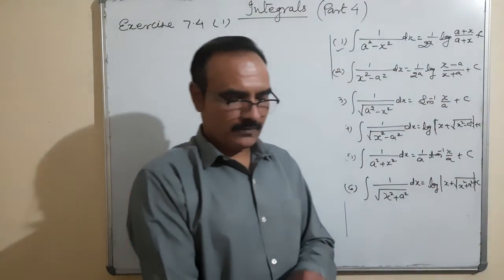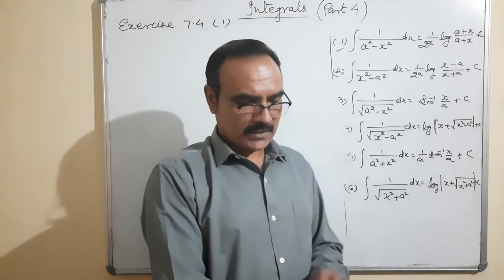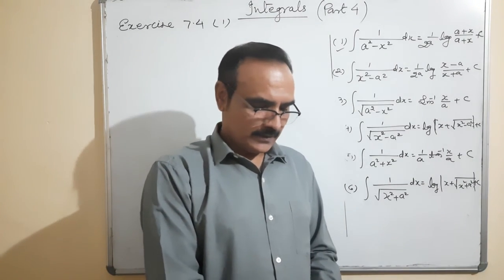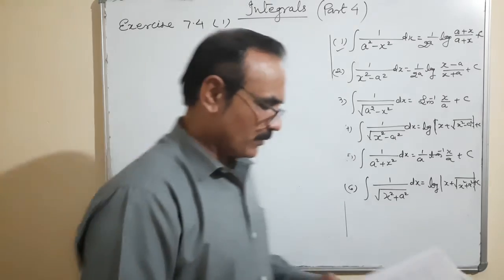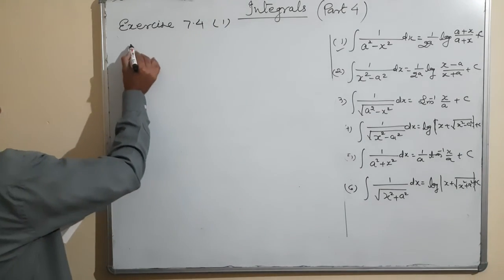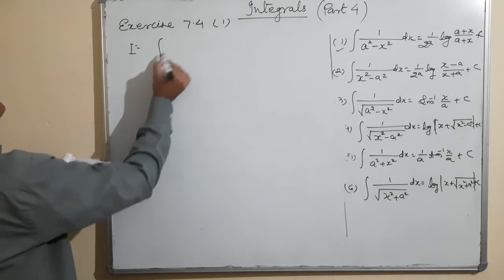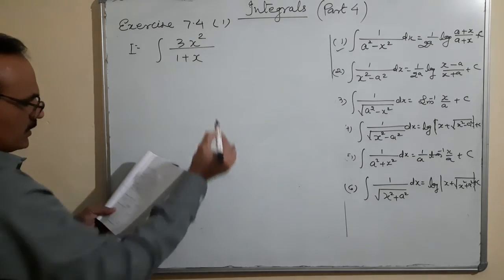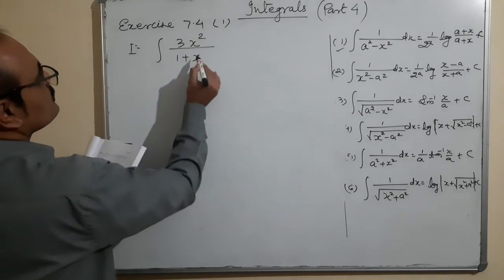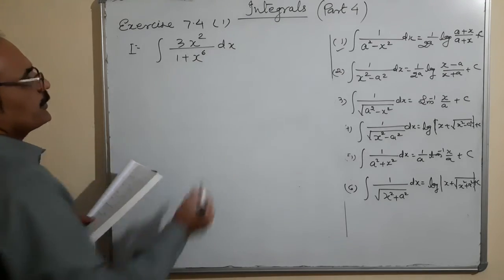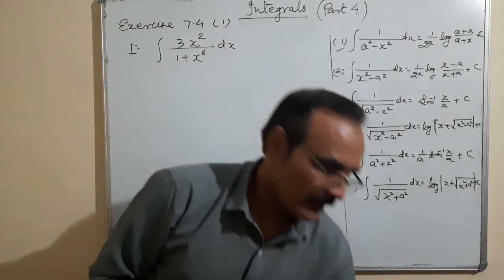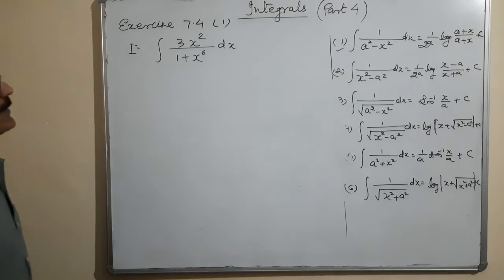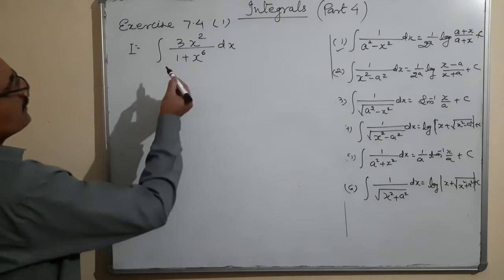The question is to integrate the following: 3x square upon 1 plus x to the power 6 dx.